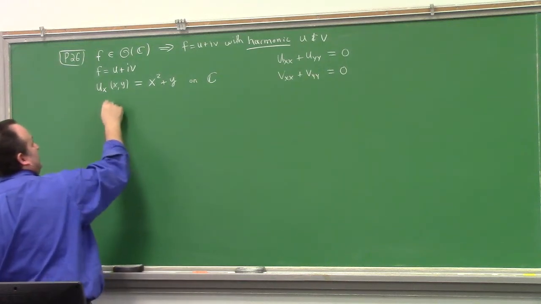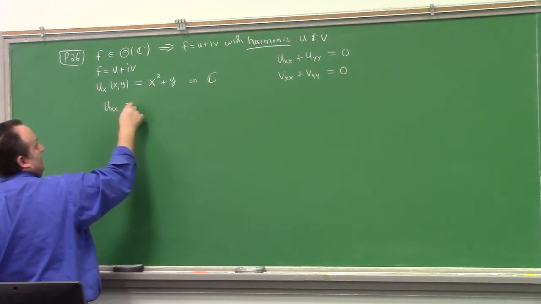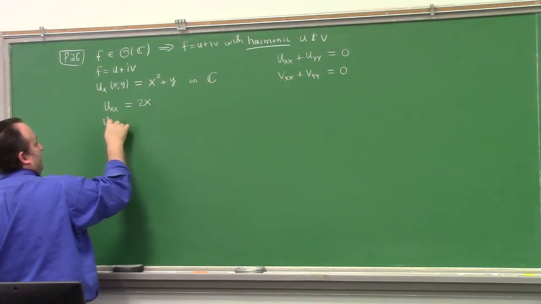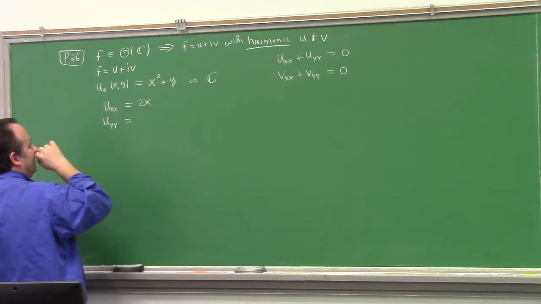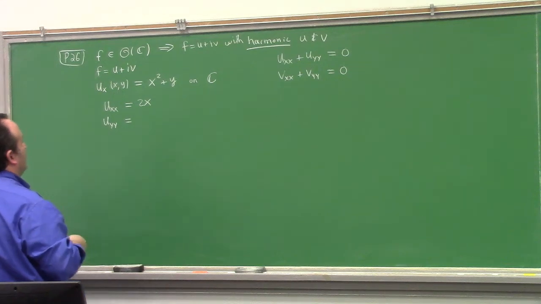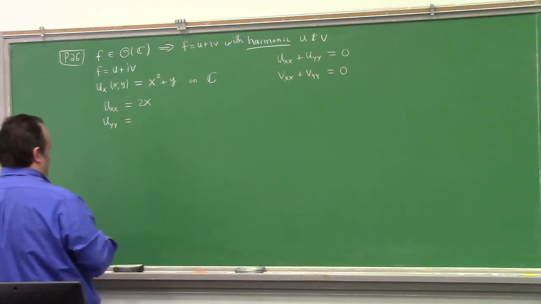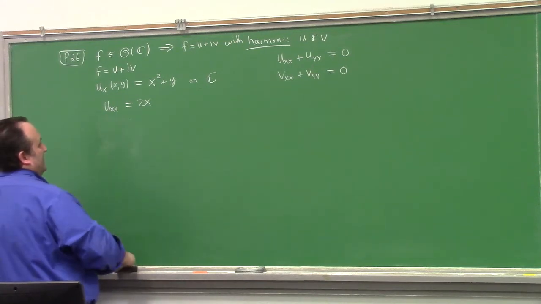What is uxx? 2x. What is uyy? Oh, we don't know. It was 1/3 x cubed, yeah, my bad, plus xy plus c(y).